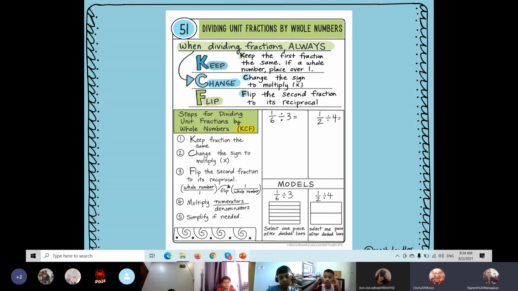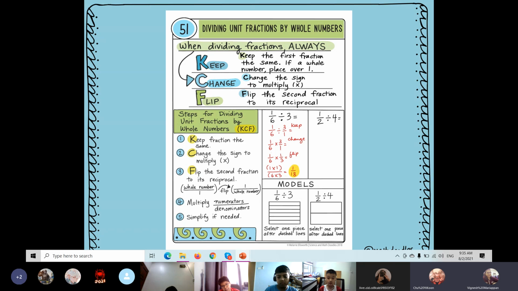Now teacher is going to explain with an example question here. Can you all see 1 over 6 divide 3, the example that teacher wrote here? Yes, teacher. 1 over 6 is the first fraction. Do we need to change anything for the first fraction?